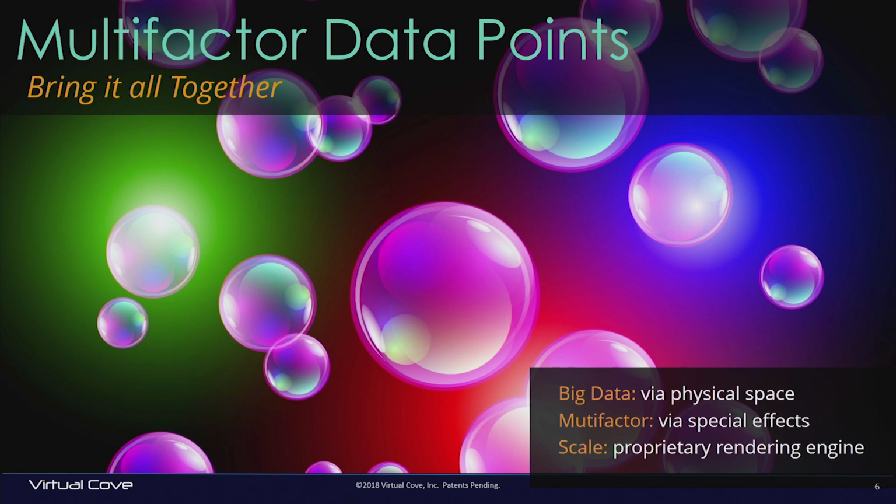So we've invented what you can think of as a multi-factor data point. It turns out that when you have something in physical space with you, there are underutilized areas of the visual centers of your brain that allow you to discern a lot more about that. For example, we've invented over 50 different effects.